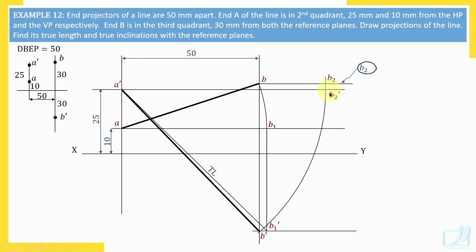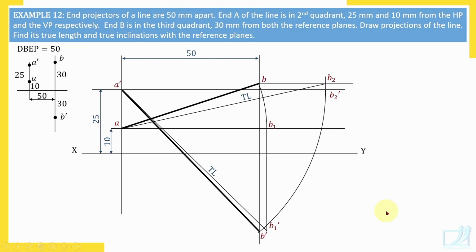B2 and B2 dash are on a vertical line. That is why you should draw a vertical line through B2 dash up to this horizontal line of B2, and you have found B2. Remove that rough label. Now join AB2. This is the true length. So this is how we have completed the drawing.